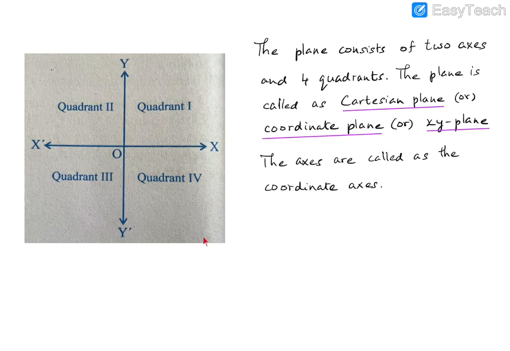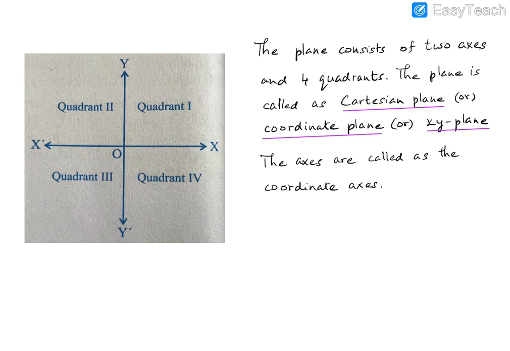And the plane represented using two axes and four quadrants is called the Cartesian plane, or it is also called the coordinate plane. And another name is the XY plane, because we are representing the plane using the x-axis and the y-axis, so it's also called the XY plane.